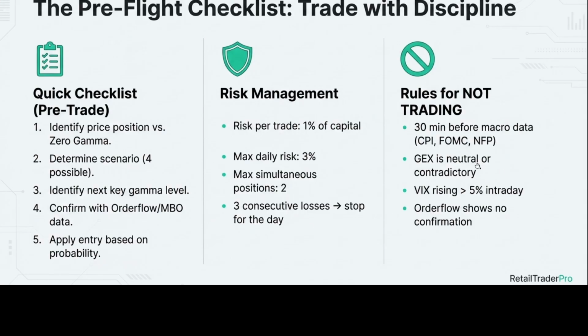This is other information that you can take into account. Maybe don't trade 30 minutes before macro data, or when GEX is neutral or contradictory, or when VIX is rising more than 5% intraday.